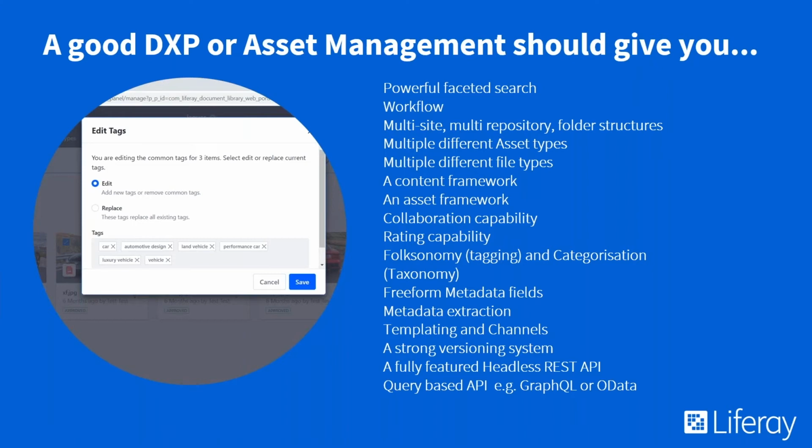If you're going to have a content framework, you need to be able to template effectively and have different templates for different channels. You need a strong versioning system, maybe a channel versioning system. You need a headless REST API so you can call all this stuff and integrate it in the various different applications that exist in your business.